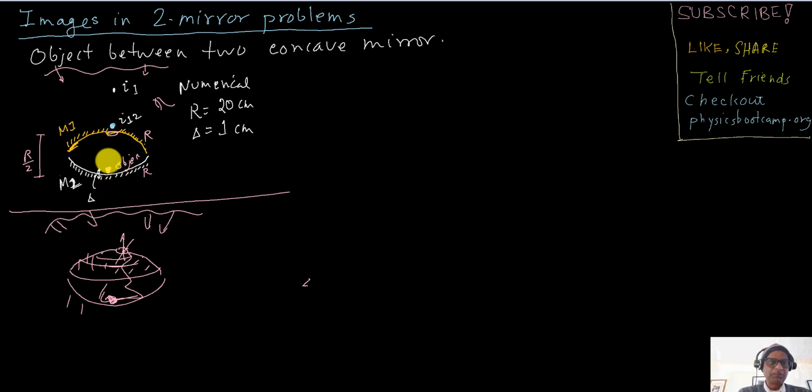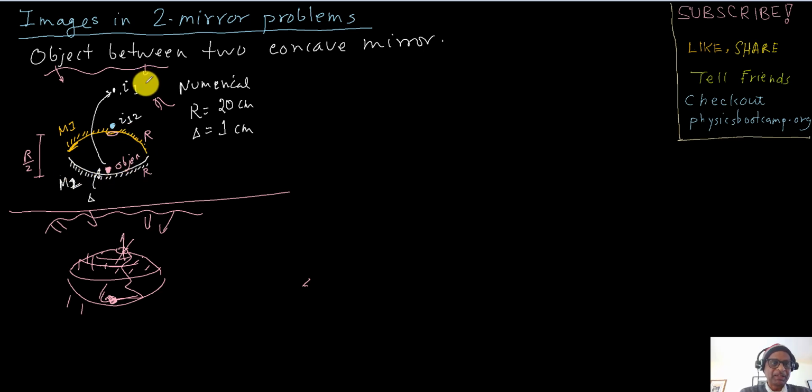So the one I'm showing first is that image, and this I1 we're going to locate through just one single mirror. Then I2, its rays will come in and reflect off this mirror.